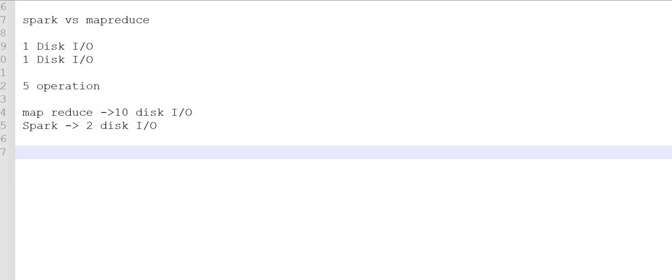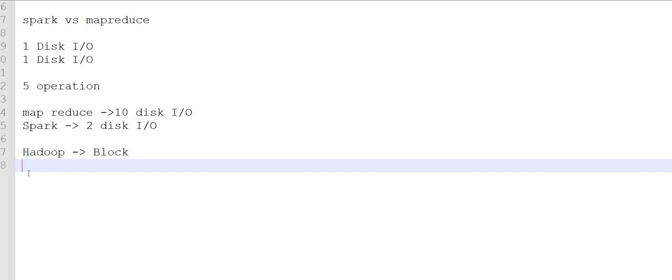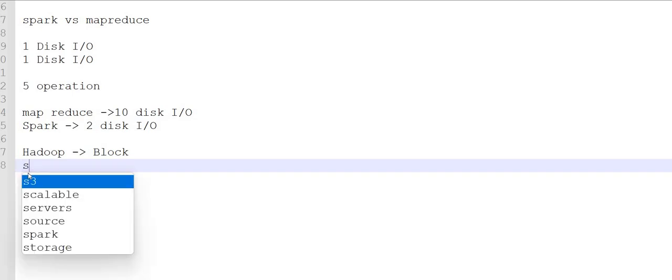As you know, in Hadoop, when we store data, it gets stored in the form of blocks. But as I told, when Spark loads the data into memory, it becomes partitions.